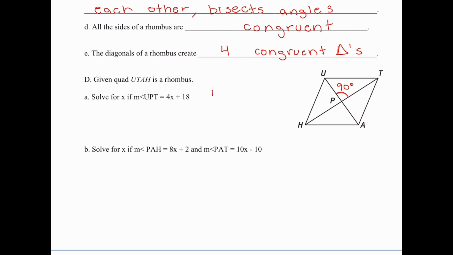So I can say 4x plus 18 equals 90 and solve for x. I'll subtract 18 to get 4x equals 72. And if I divide by 4, I get that x is equal to 18.